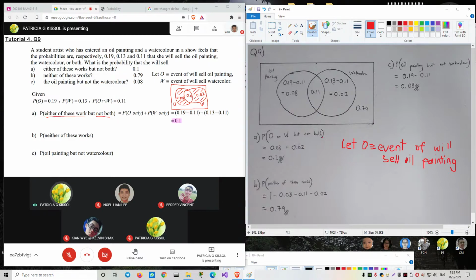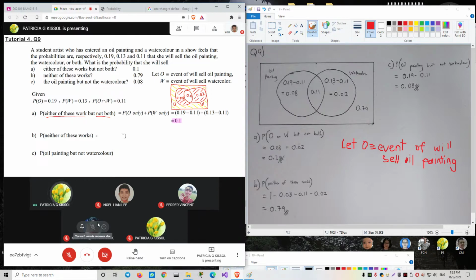That means we are considering everything outside here, the one that is yellow. So what is the answer outside here? 0.79. Yes, it corresponds to everything that is outside.